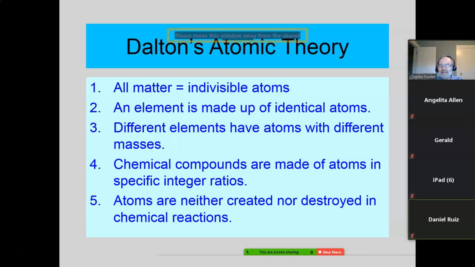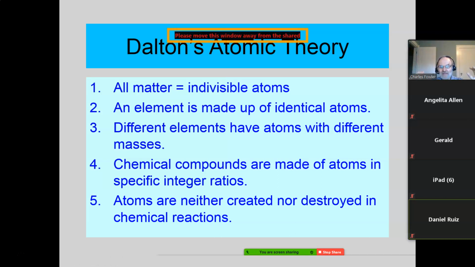Now, many things in nature, and this is what the alchemists found out, were made up of combinations of atoms. 2, 3, 4 different kinds of atoms combined together in certain structures. These we call compounds. This is another macroscopic concept. Whereas elements were all made out of the same kind of atoms, compounds are made of atoms in specific integer ratios. That's part of the law of definite proportions.